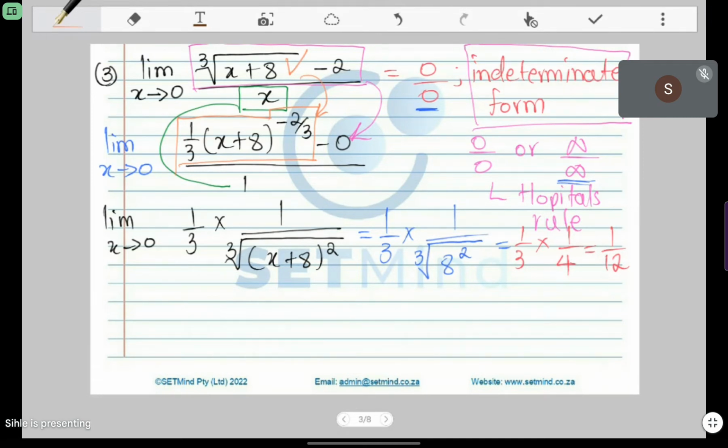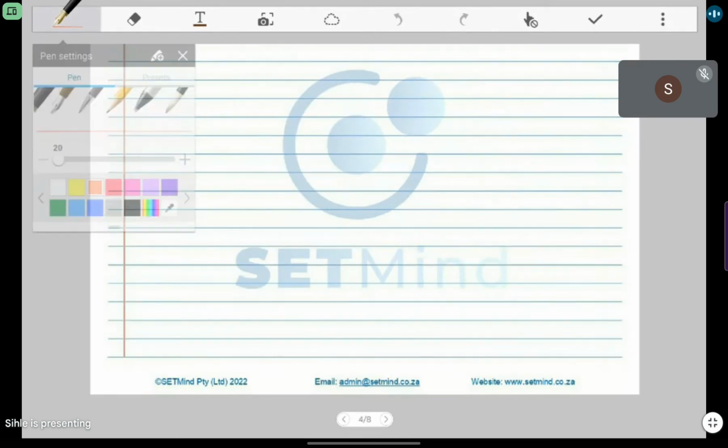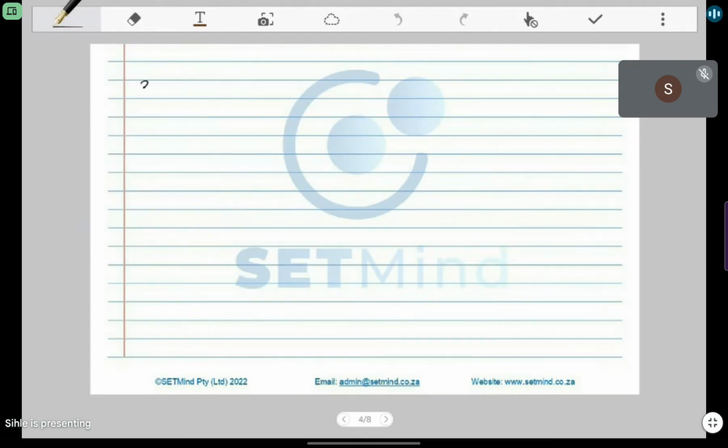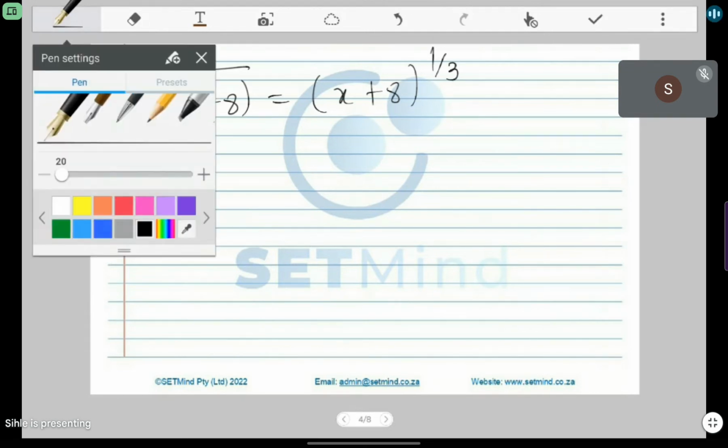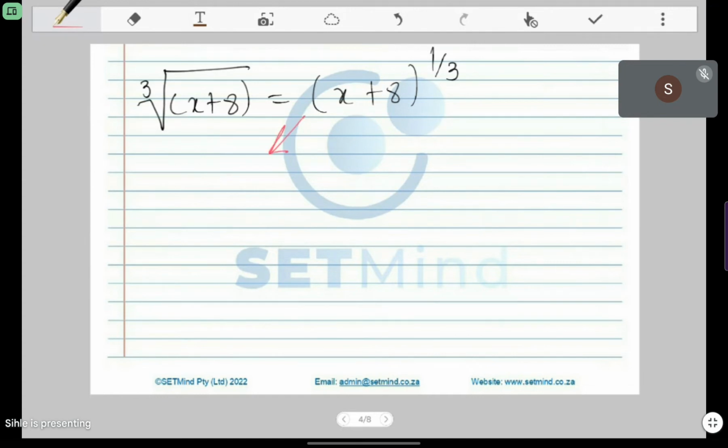Okay, so let me go to the next page and see if I didn't make any mistake. So we have the cube root of x plus 8. We can all agree that this is x plus 8 to the power of 1 over 3. And then if we do the derivative of this, we take the 1 over 3 power down, multiply by x plus 8, and in the exponent, we subtract a 1.